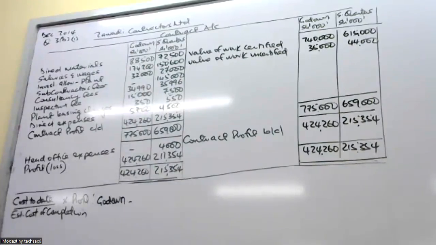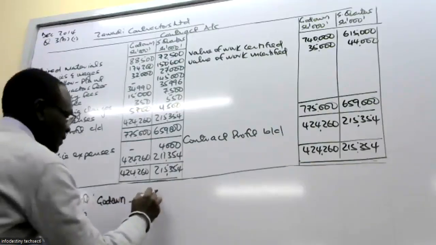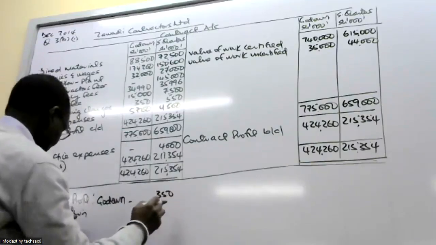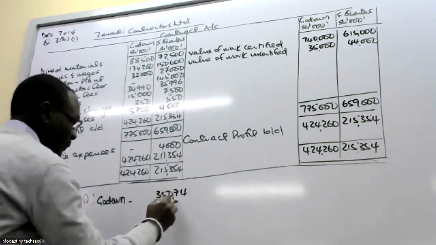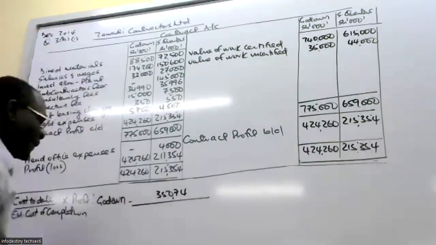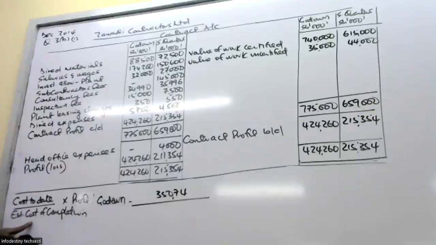So the total cost of expenses can be gotten by, you get 775, the contract price of value of work certified, minus 424,260. So the cost to date certified is going to be 350,740. This will divide by, you want to get estimated costs until the end.